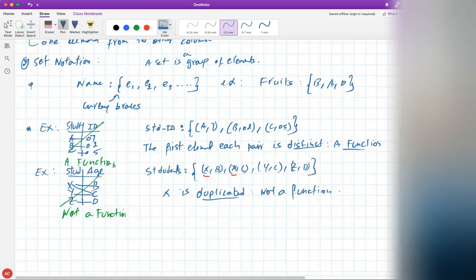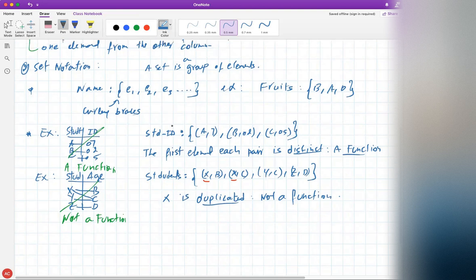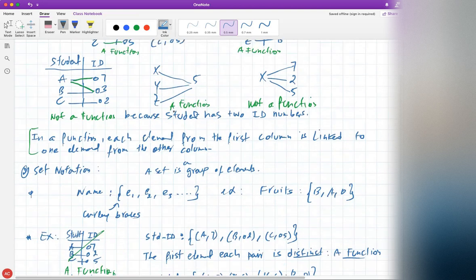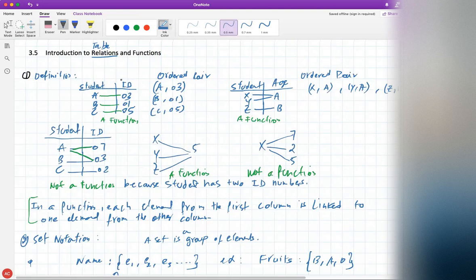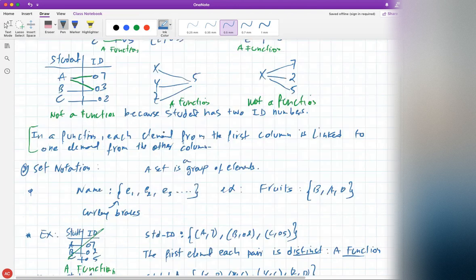So it's very simple to tell. Again, to explain the difference between relations and functions: everything is a relation, by the way. Every table, every group like this is a relation, but some of them are functions, like this one and that one.